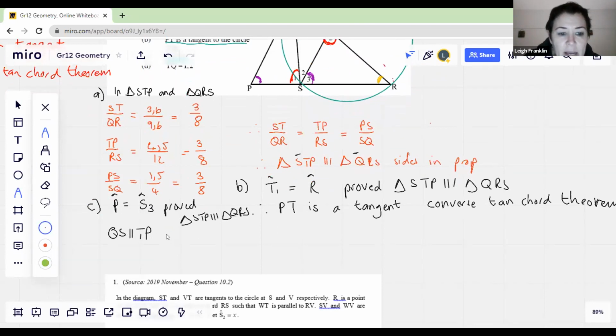And my reason here is because corresponding angles are equal. So if corresponding angles are equal, lines will be parallel.